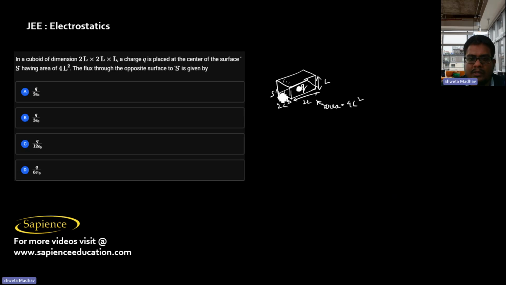So if we complete this and form a cube, which is of side length 2L, with height also 2L, then this charge will be at the center.